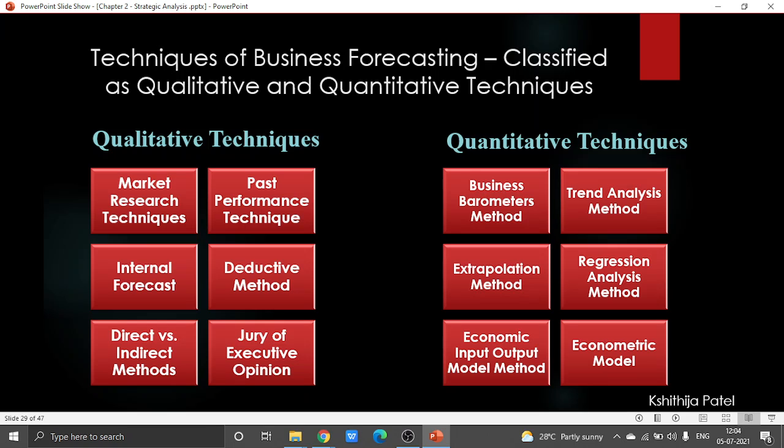This method is called the top-down method of forecasting, because it is first done for the entire organization, then split down into different departments. So that is the direct and indirect method.